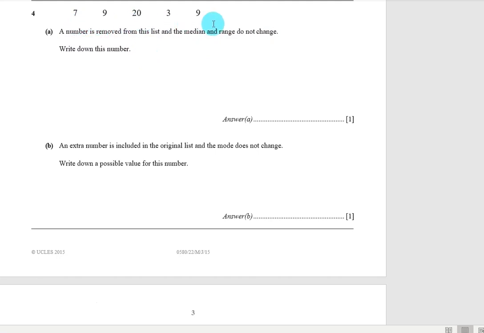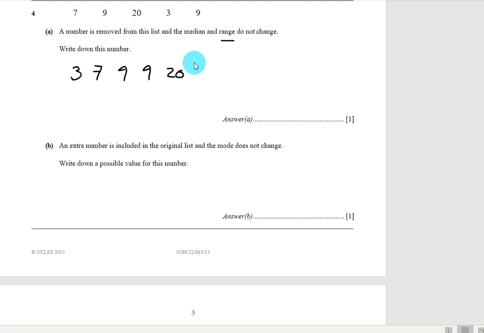So this is a series of numbers, and we need to remove one of these numbers so that the median and the range will not change. Let us rearrange the numbers: the first one is 3, then 7, then 9, and then 20.